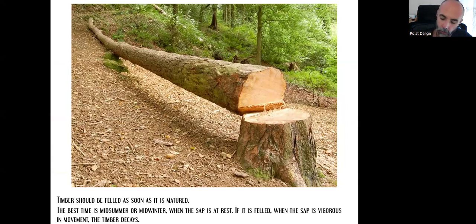As you remember, during the springtime and autumn period, sap is transferred either from below upwards, or from the leaves to the bark again, to the trunk again. So during the midsummer and midwinter, it's at rest. And if it is felled when the sap is vigorous in movement, the timber can decay because it's so moist.